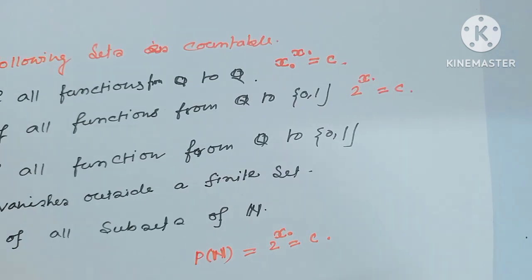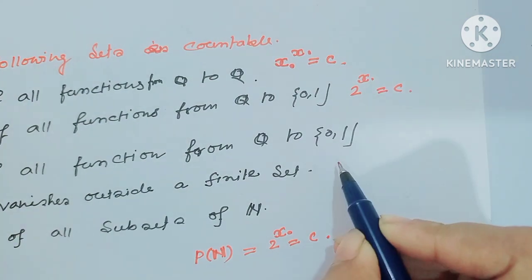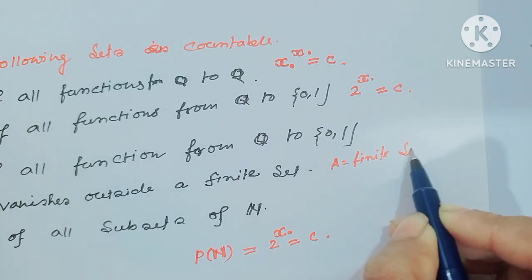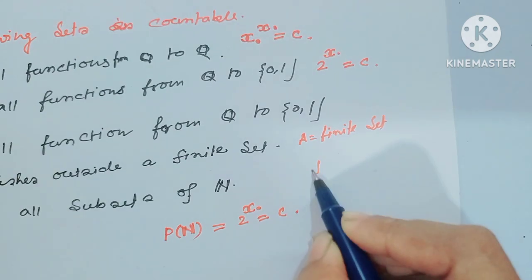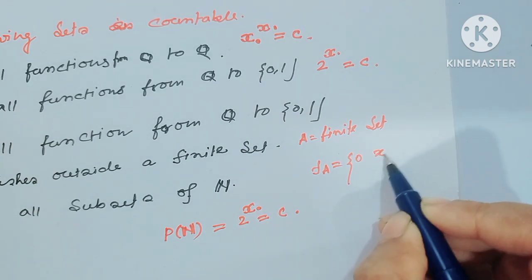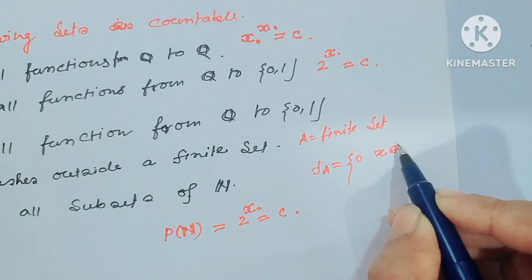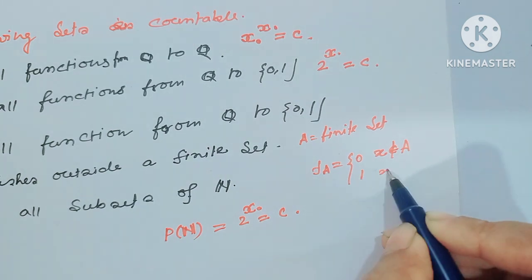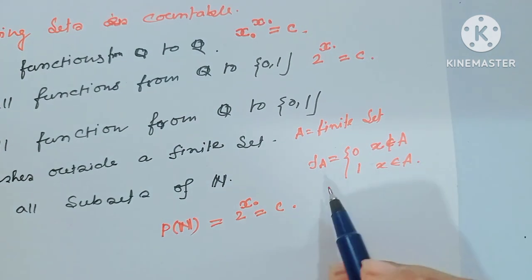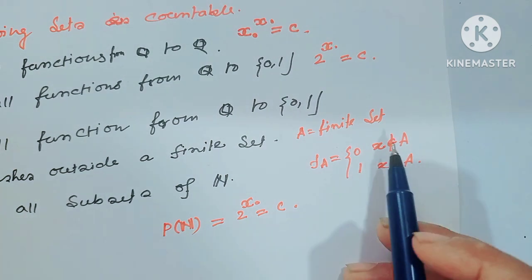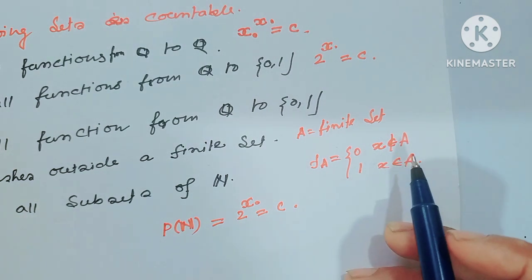That means if A is a finite set, then f(x) equals 0 when x does not belong to A, and 1 when x belongs to A. Since A is a finite set, obviously it is countable.